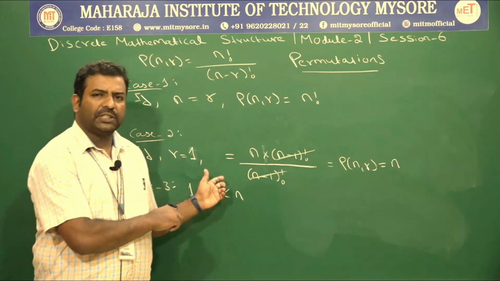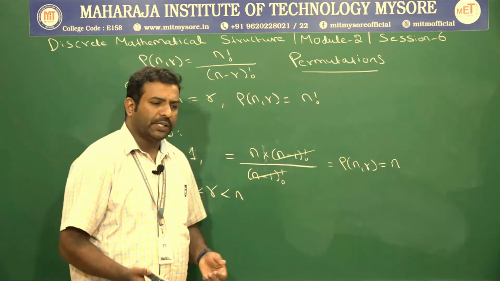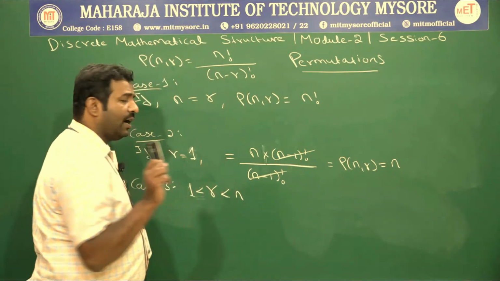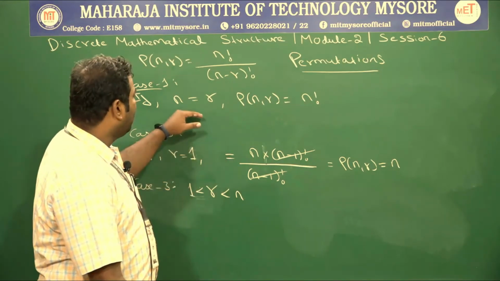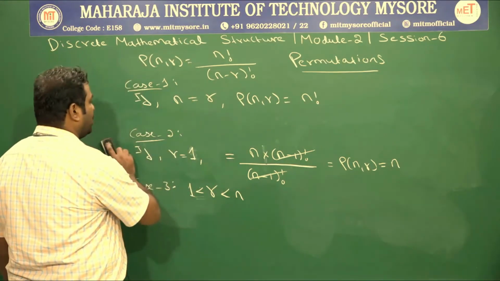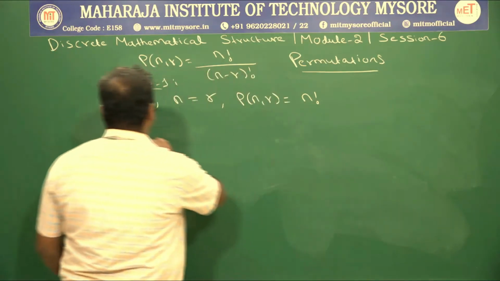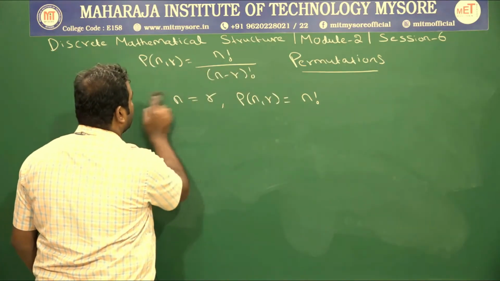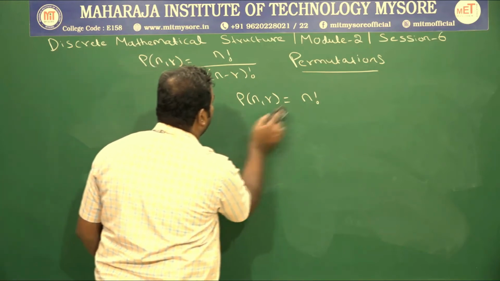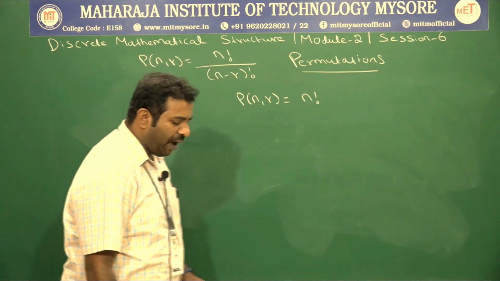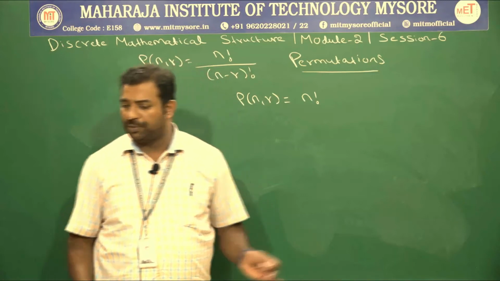We'll use this formula in a few minutes, but as I just told you, we'll discuss case 1 more. Being in case 1, the form where P(n, r) equals n factorial, I need to choose all the objects.